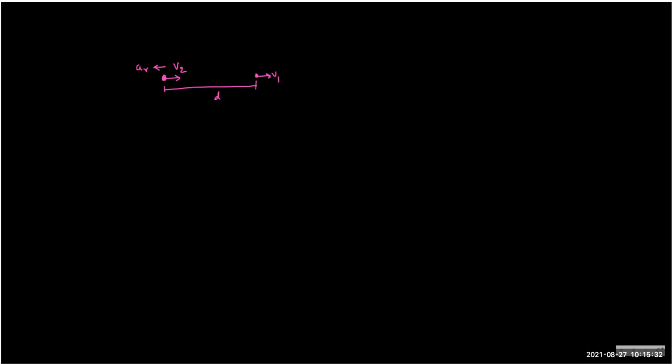Now to solve with relative motion, you must take one of them as the observer, and I'll prefer taking car number 1 as the observer. So what is the V relative for car 1? Or I can say, what is V21, because 1 is the observer?